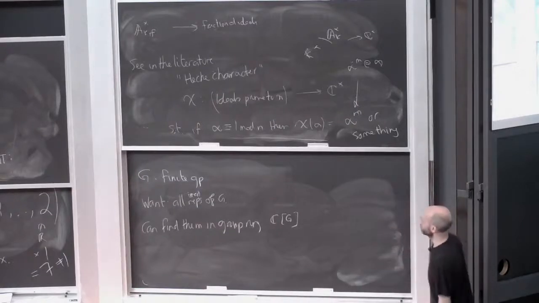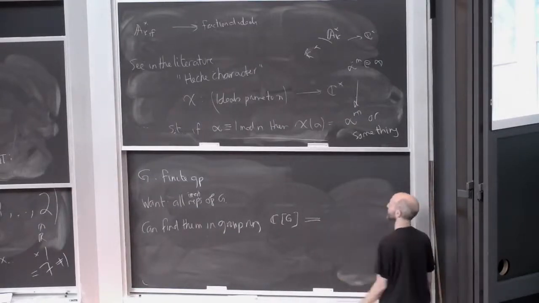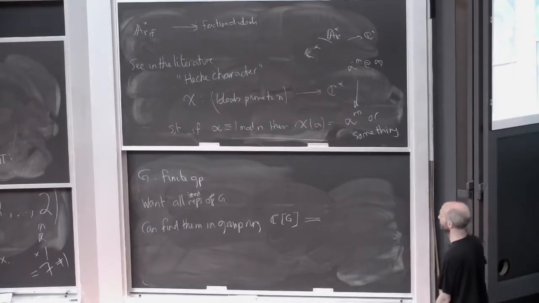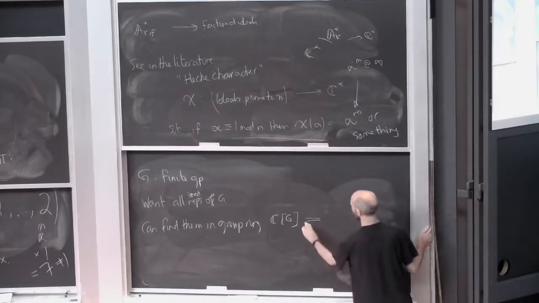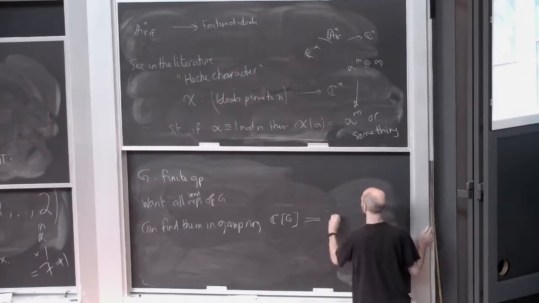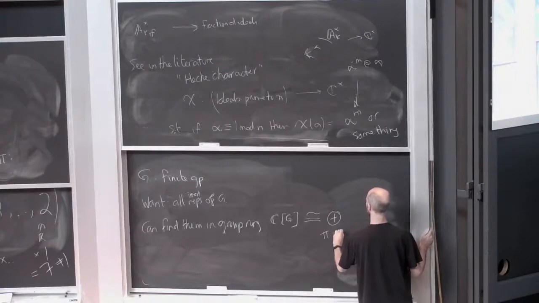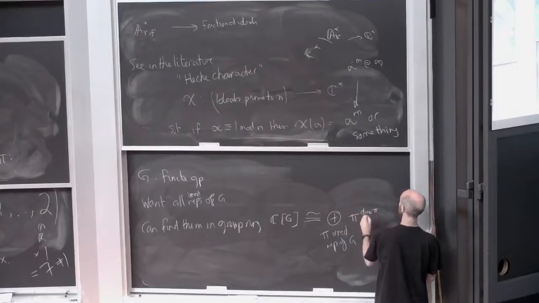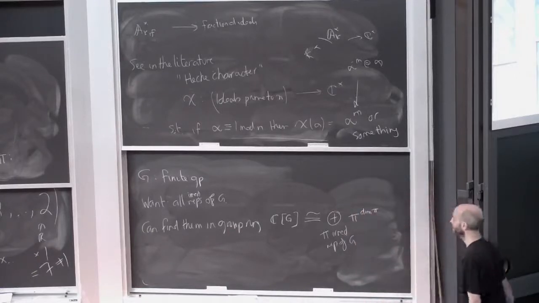Because somehow a summary of the entire undergraduate typical representation theory course is that this group ring here turns out to be isomorphic to a direct sum over pi, an irreducible representation of G, of pi to the power of dimension of pi. There's just some weird formula.